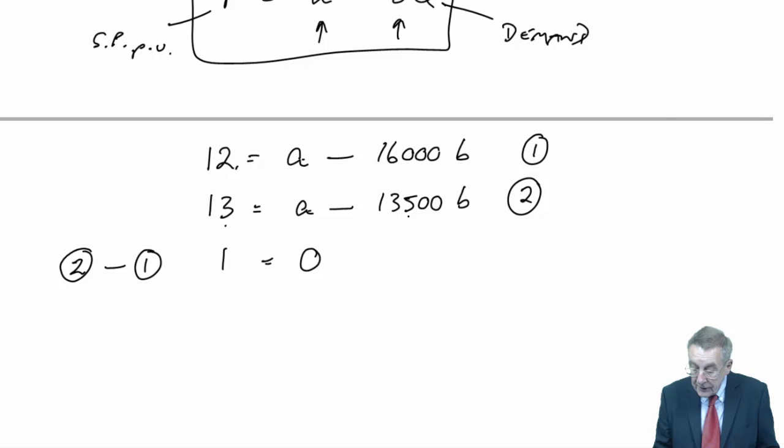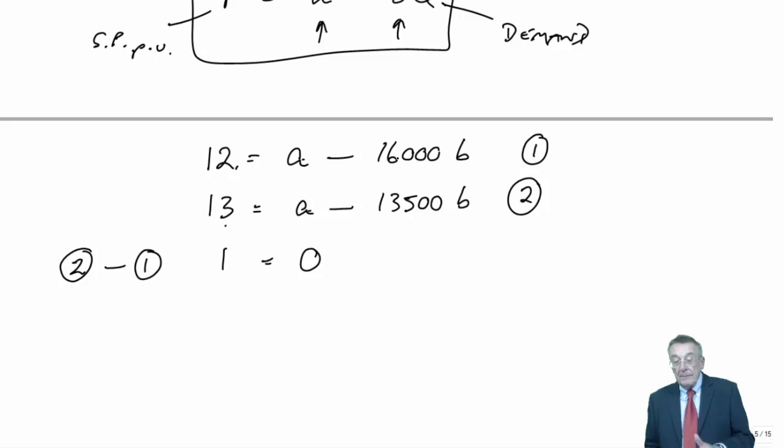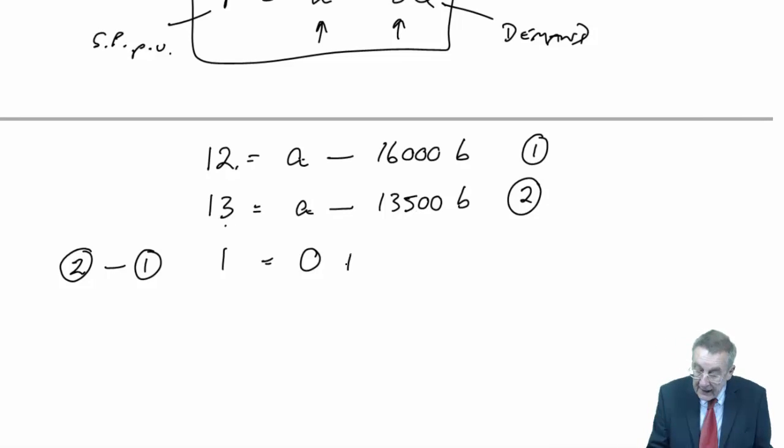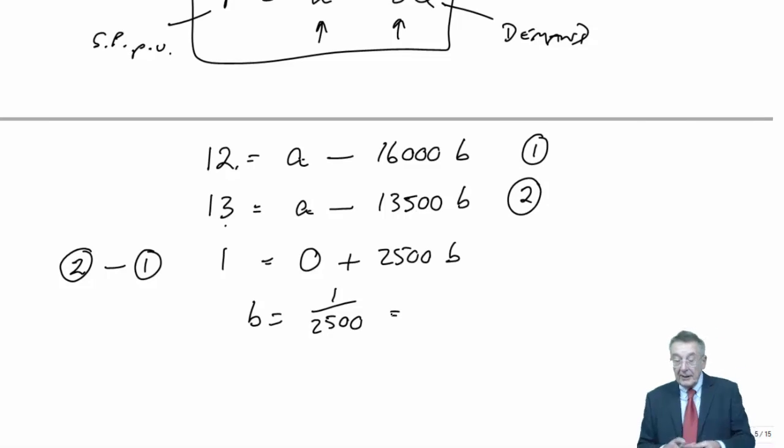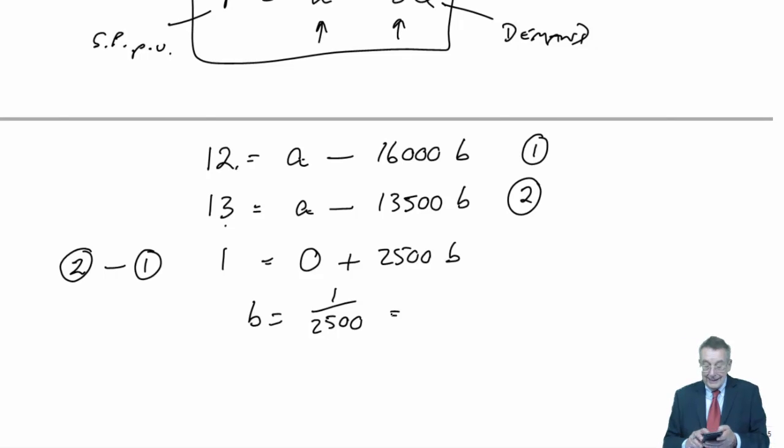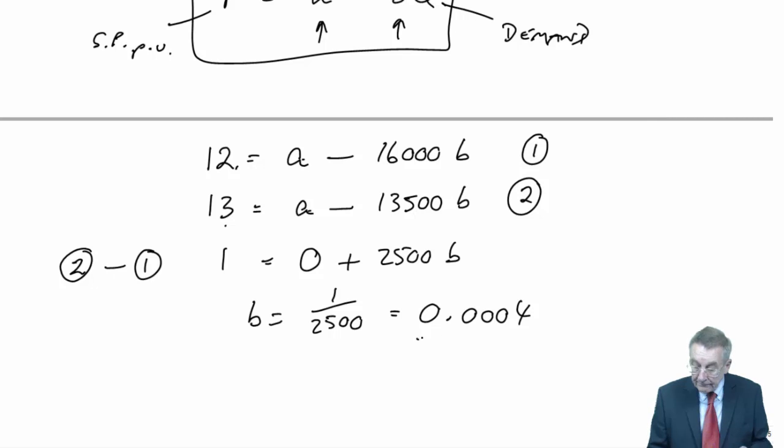Minus 13,500B minus minus 16,000B is minus 13,500B plus 16,000B. It's plus 2,500B. So 2,500B is 1. B is 1 over 2,500, or if you prefer, 0.0004.